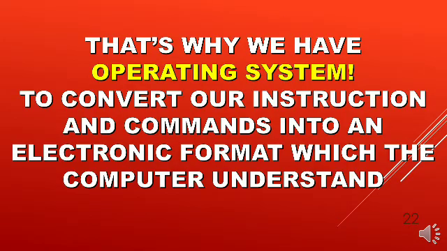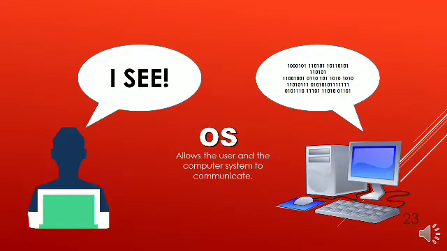That's why we have operating system to convert our instructions and commands into an electronic format which the computer understands. I see. OS allows the user and the computer system to communicate.